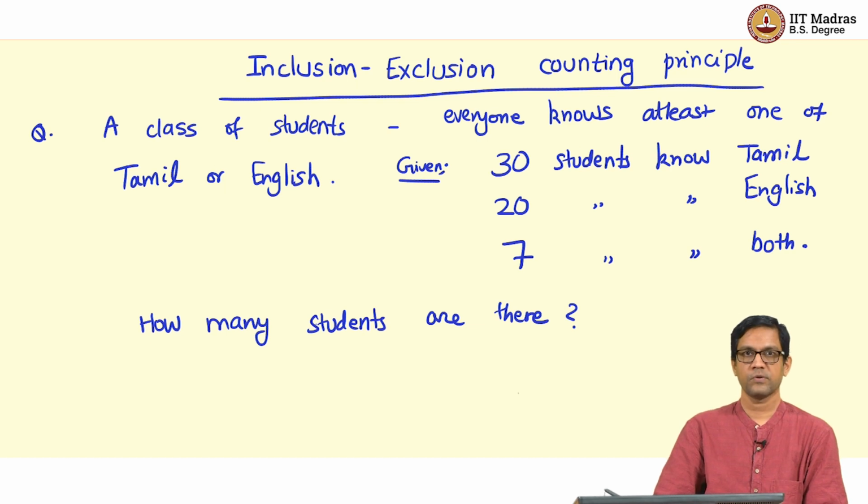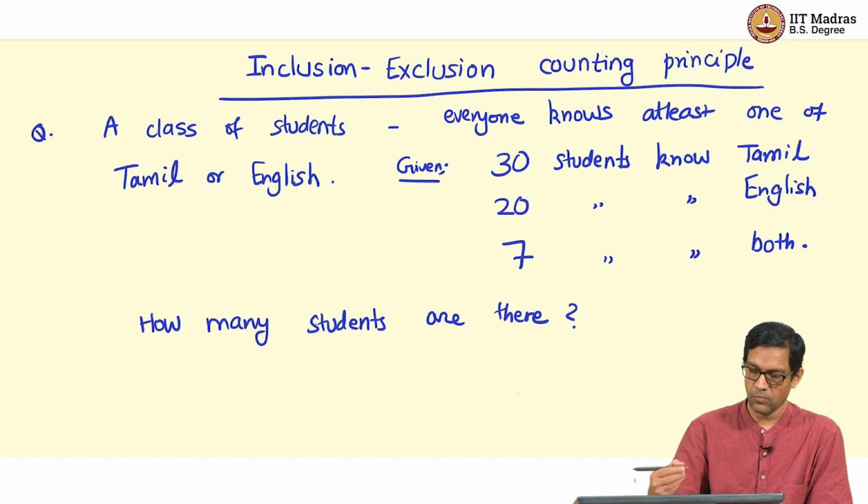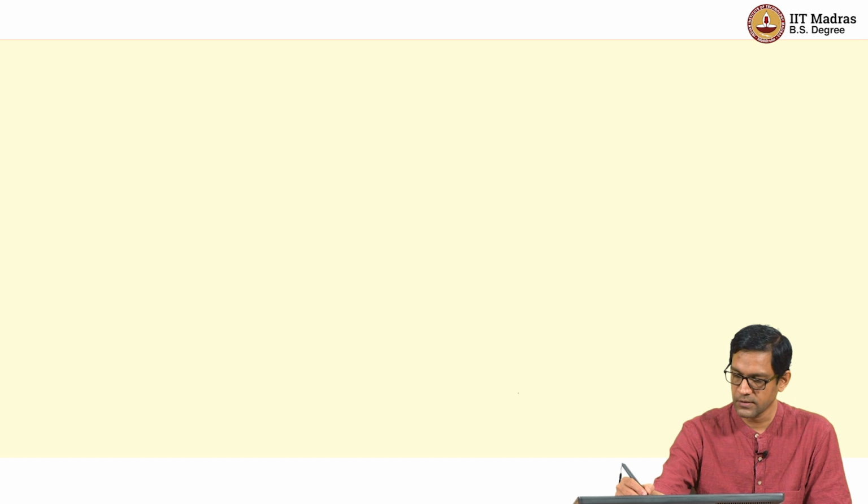Okay, so you probably looked at questions like this before. What one could start out by doing is maybe drawing a Venn diagram. Here is the Venn diagram.